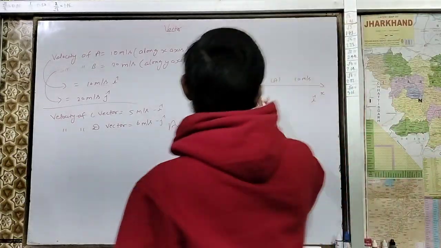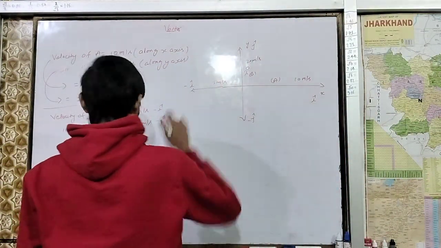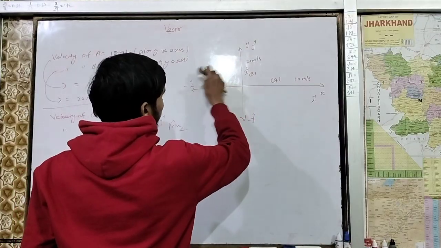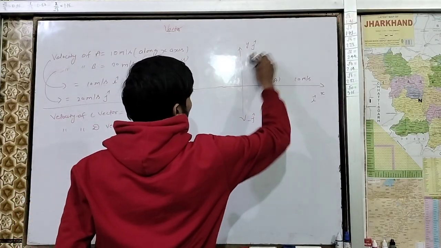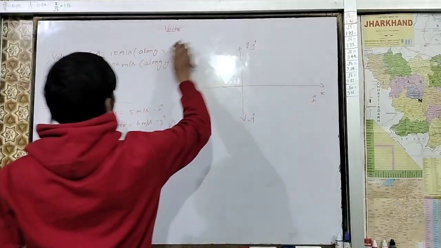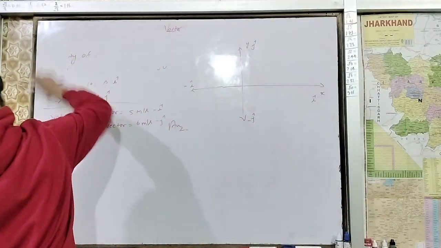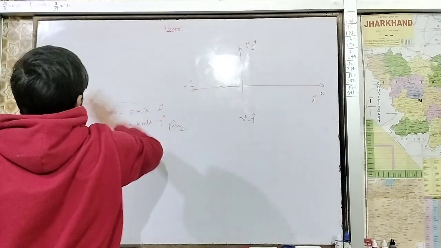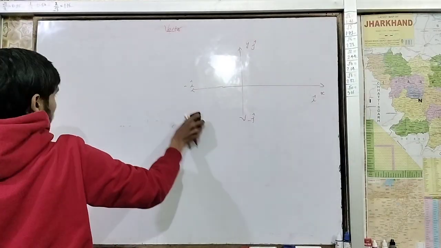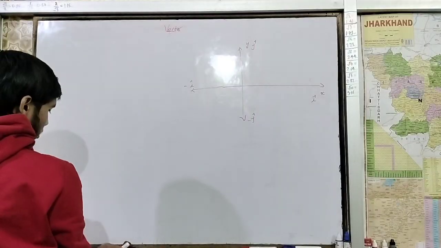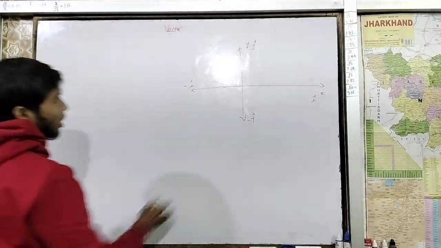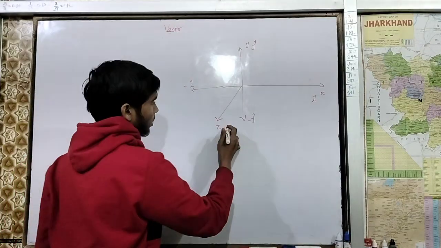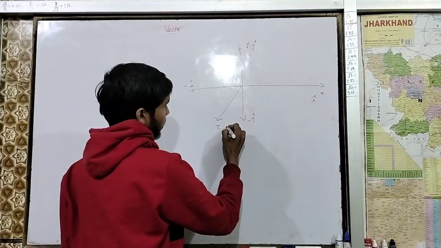So finally, you understood. There are three axes on the Cartesian plane. The third axis is this z, so it will be replaced by k cap.